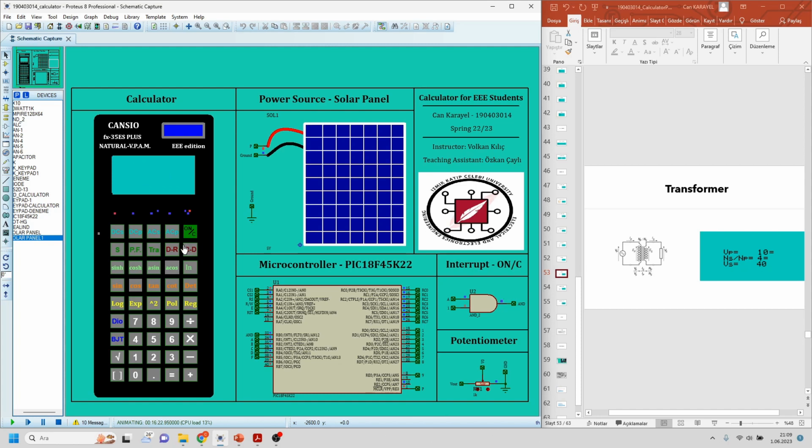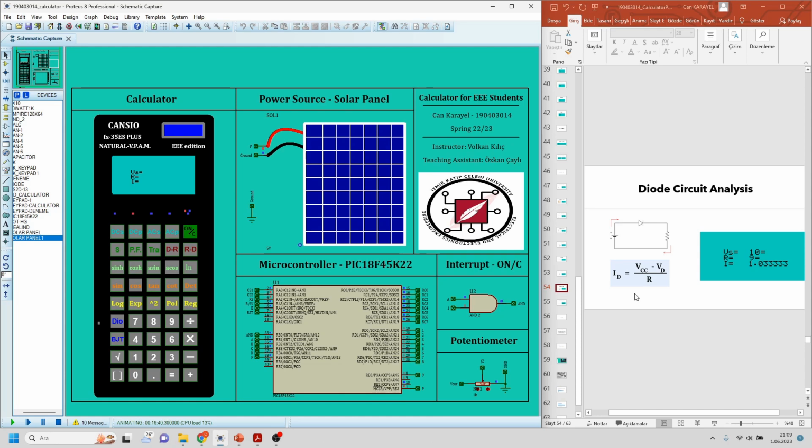The EEE edition of our calculator can analyze diode and BJT circuits easily. The image of the silicon diode circuit and the formula to find the source current was given on the slide.